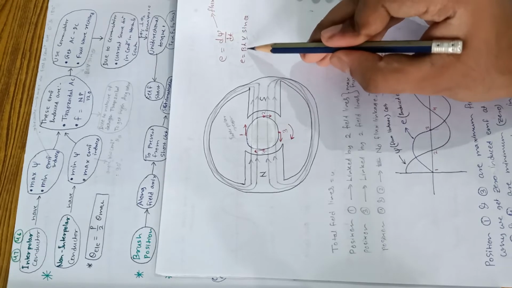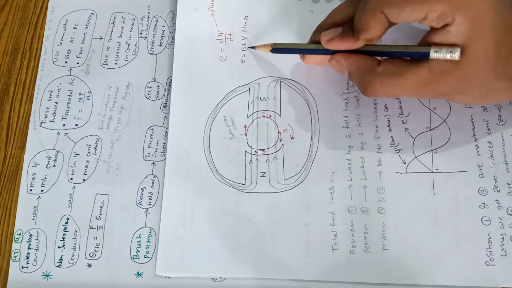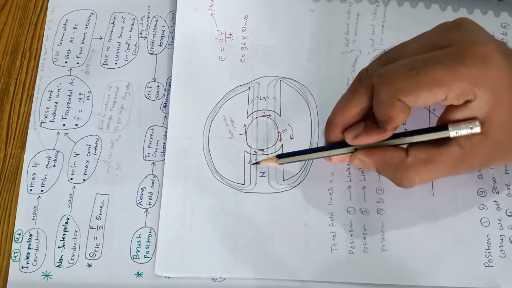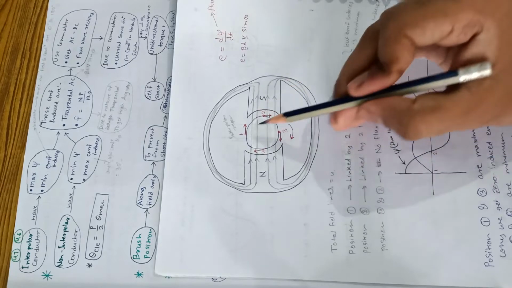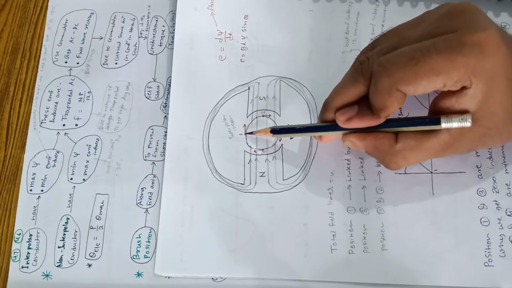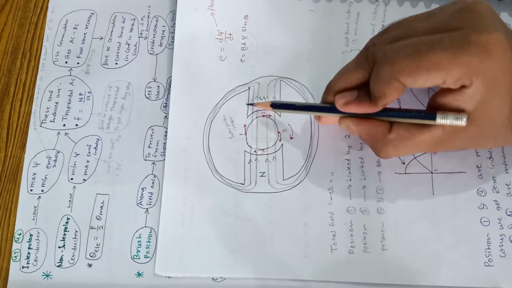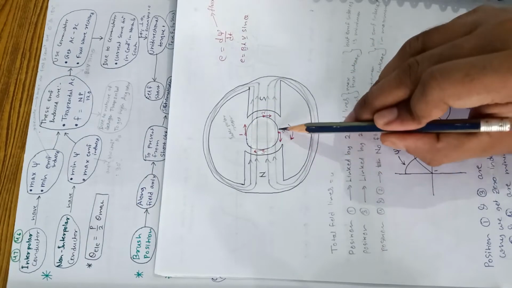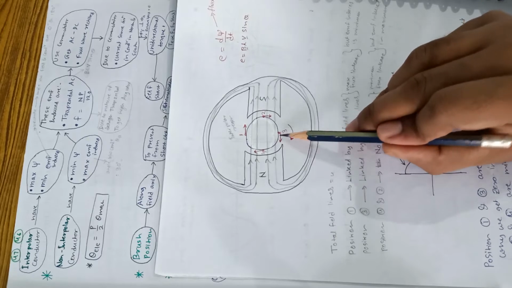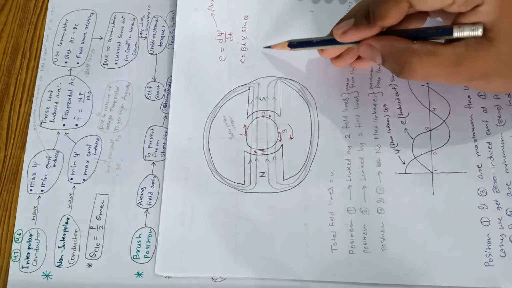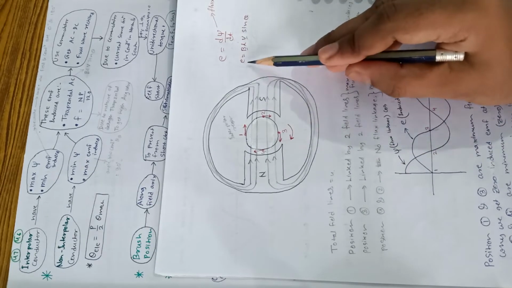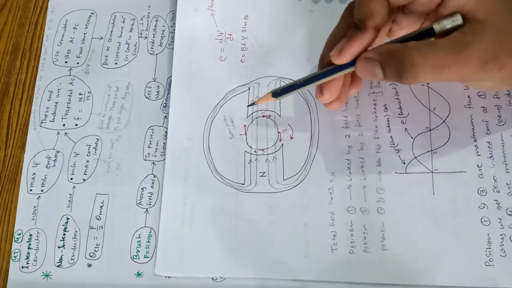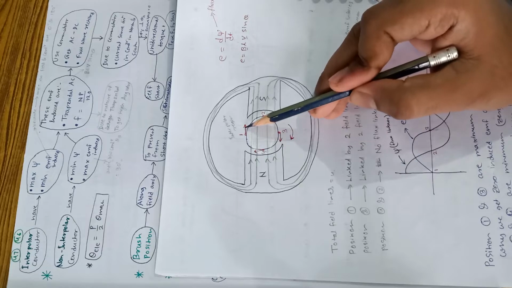So here we can see flux density direction is this one, and velocity of conductor direction is also this one. So the angle between them will be 0. And in another case the angle between them will be 180. So we know that sine 0 and sine 180 is 0. So overall EMF induced will become 0. That's why we say minimum EMF is induced.